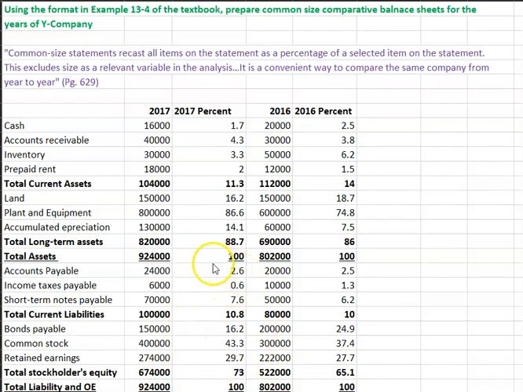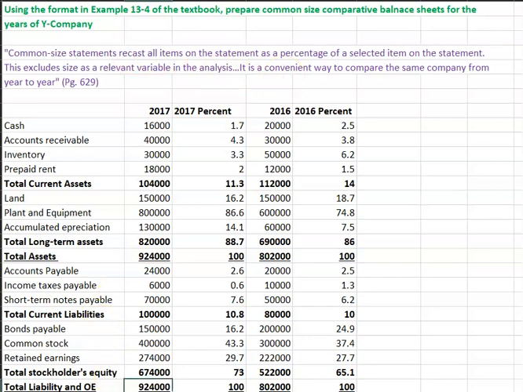And this will provide the percentages that you need for both 2017 and 2016. And from there, with the percentages all listed, you're able to compare how the company did as far as increases and decreases in various accounts from year to year. So once again, that is the benefit of using a common size statement. It's convenient to compare the way a company has performed.